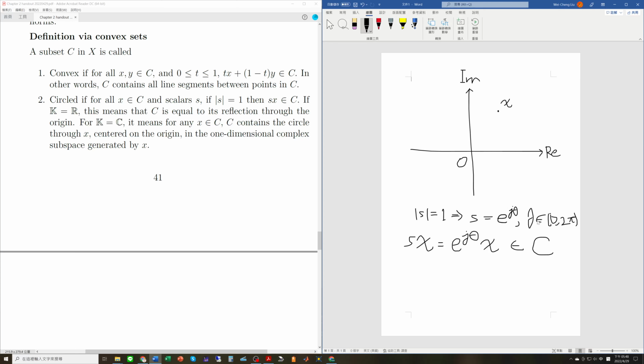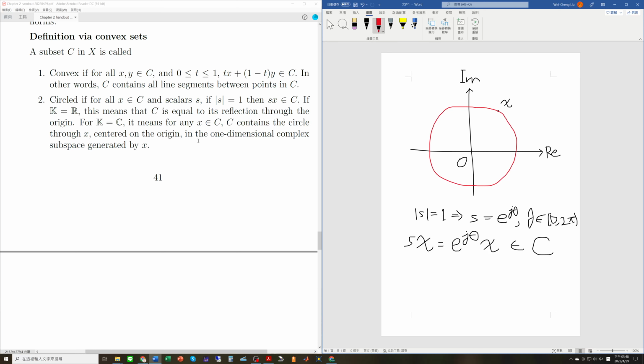Now theta belongs to 0 to 2 pi, so it is equal to rotating X from 0 to 2 pi. Like this, we will have a circle through X, like this red circle, centered on the origin.